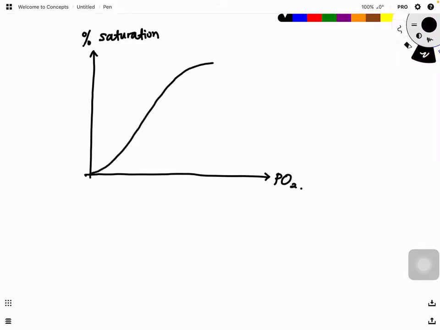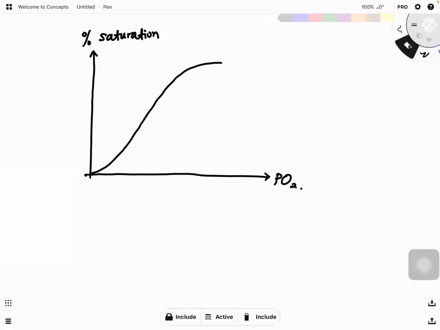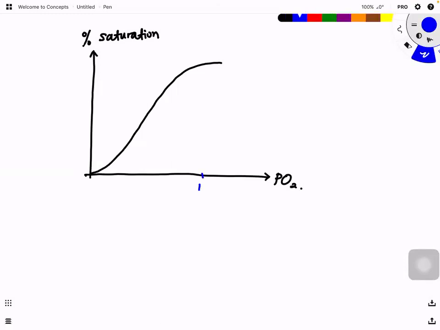You need to learn how to draw it, guys. So this is under normal partial pressure. Let me use a different color. Okay, so we read at 10 kilopascal, so 95%.